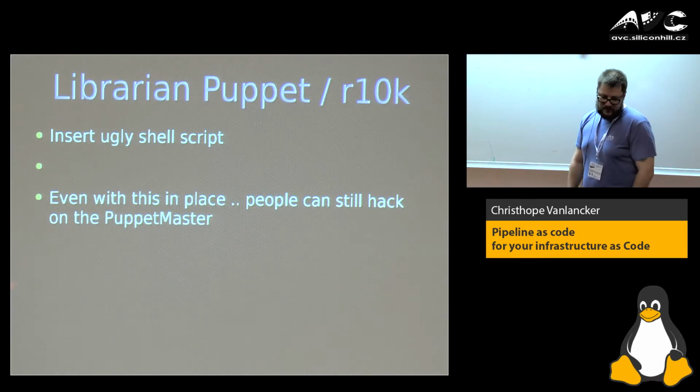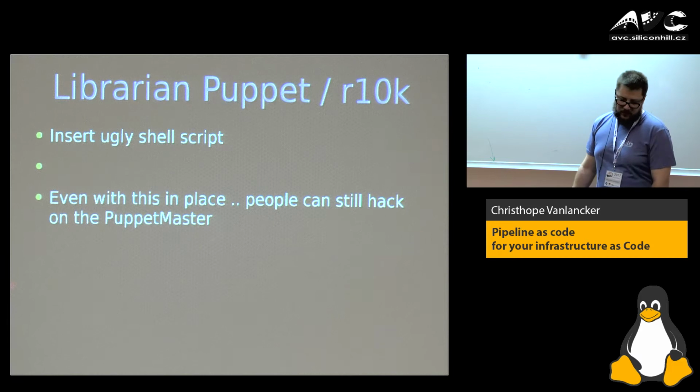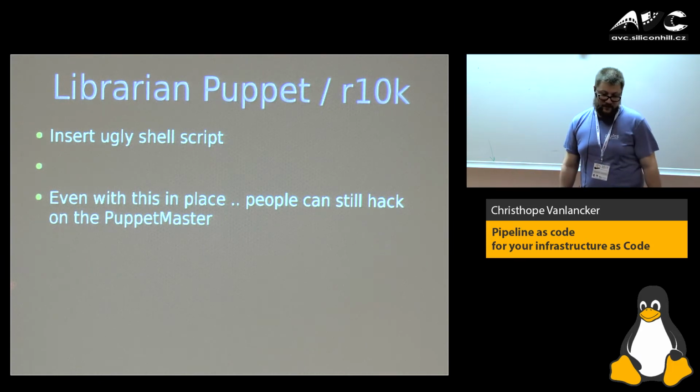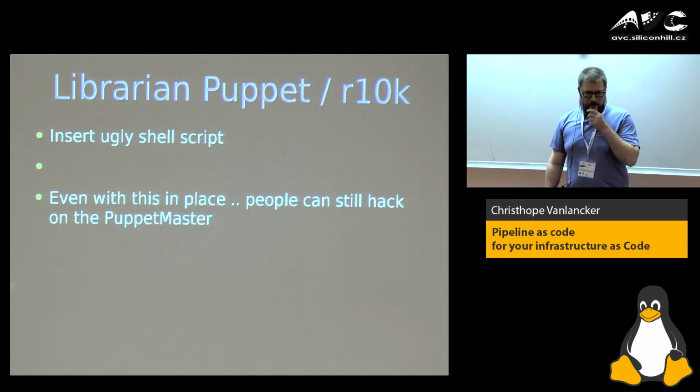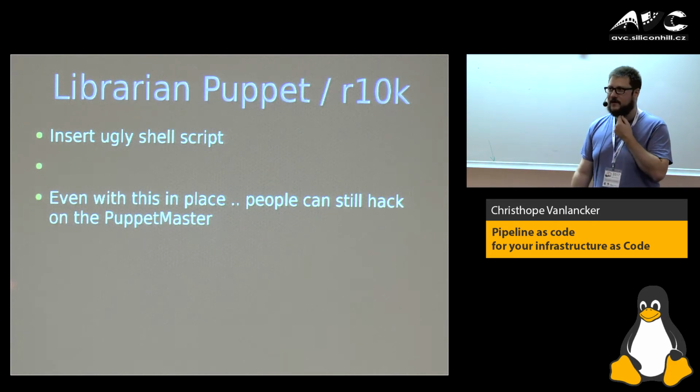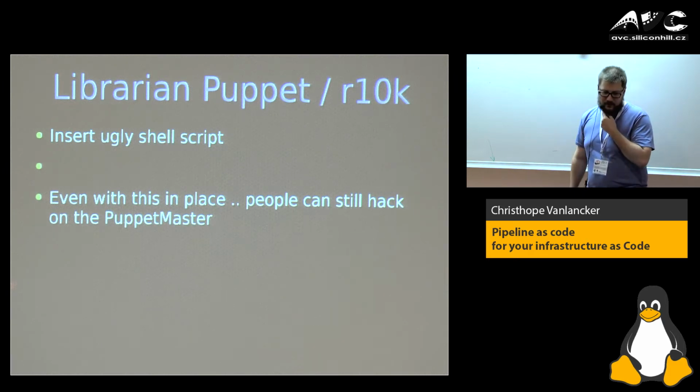There are some problems with those ways of managing your code. For example, Librarian is an ugly shell script. You need to make changes there. It makes you fetch changes straight from the internet, which is not very secure or recommended, and it's also a bit hard to automate.